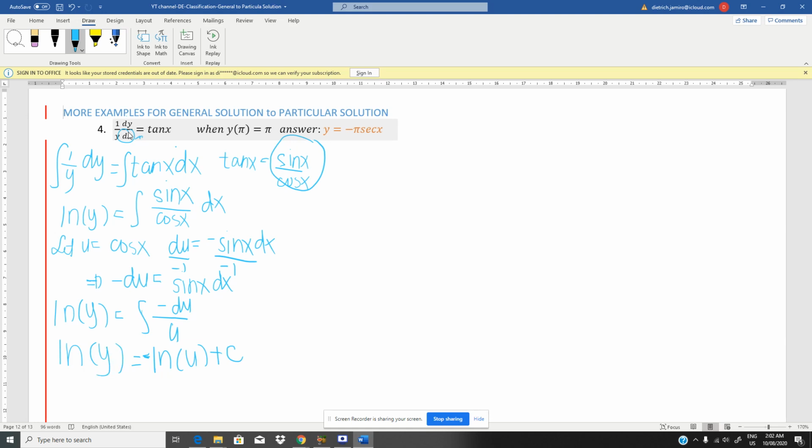As you can see, we have a negative, so I can put the negative in the exponent of u. We will use the property of the natural logarithm.